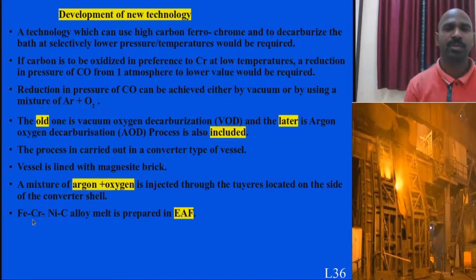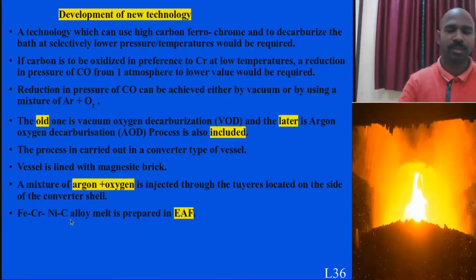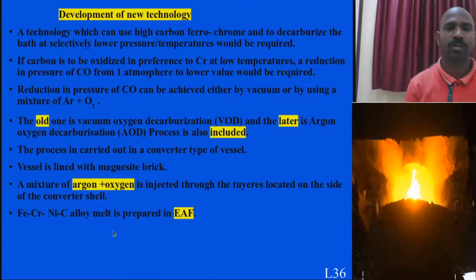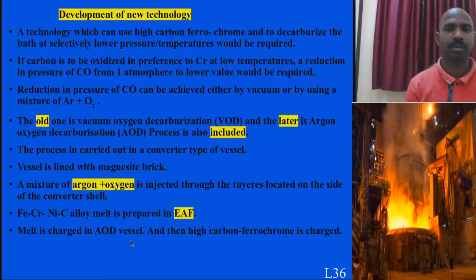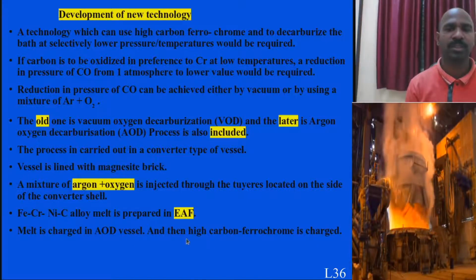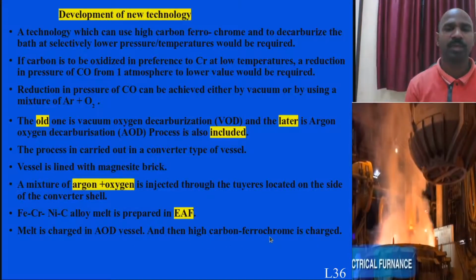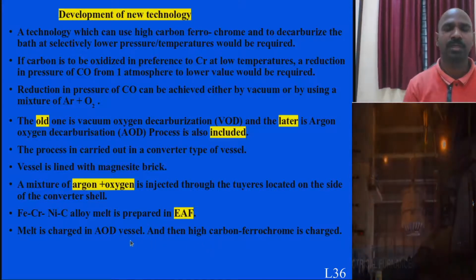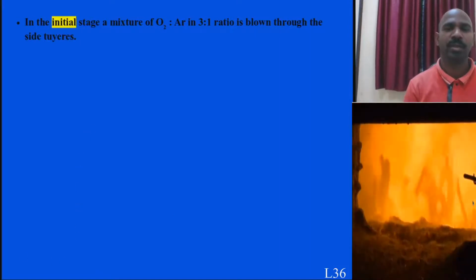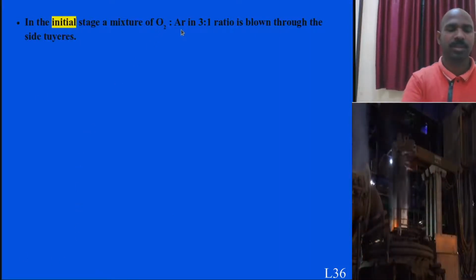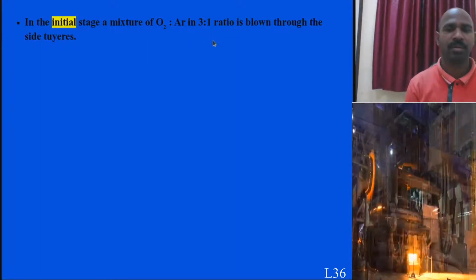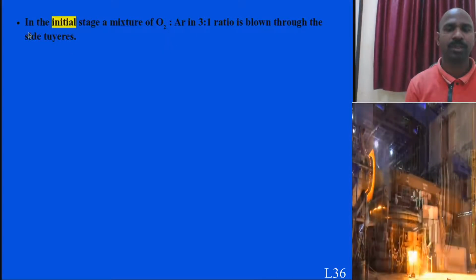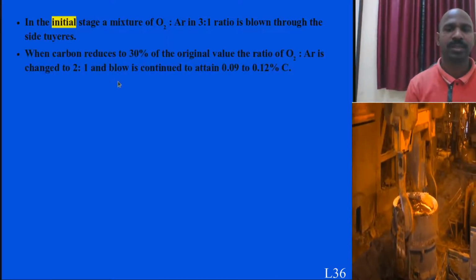Generally this combination of iron, chromium, nickel, carbon alloy was melted in the EAF process. This molten metal is charged in the AOD vessel. Then after that, alloying additions of high carbon ferrochrome are added. And coming to the next step, initially the argon oxygen ratio was maintained at 3:1, and it was blown from the side tuyeres.